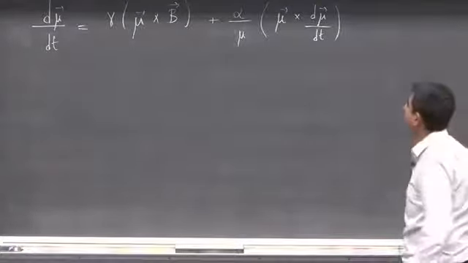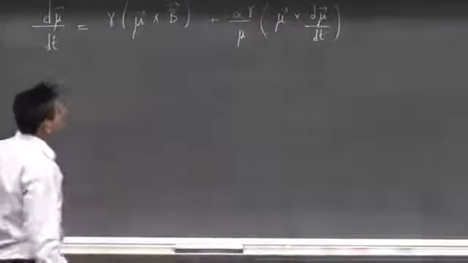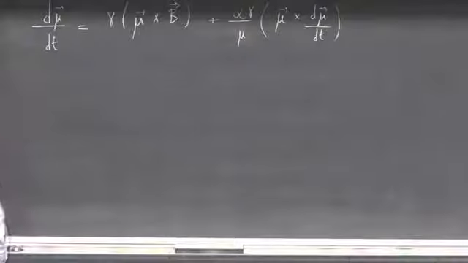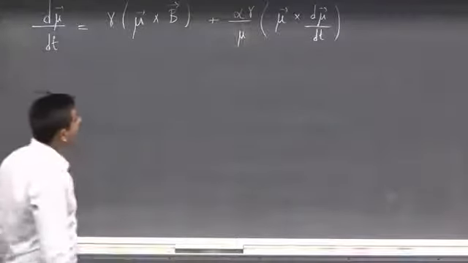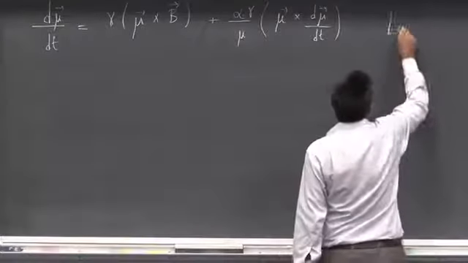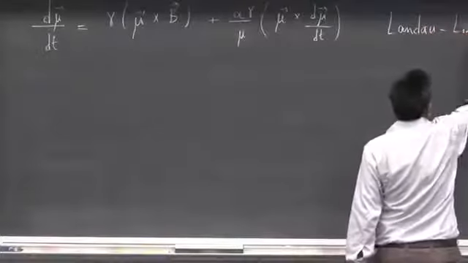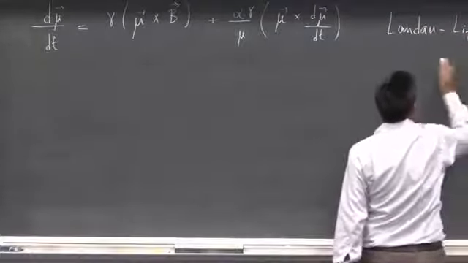Oh, there must be a gamma here too, right? Okay, there must be a gamma here as well. So this equation is called the Landau-Lifshitz equation.